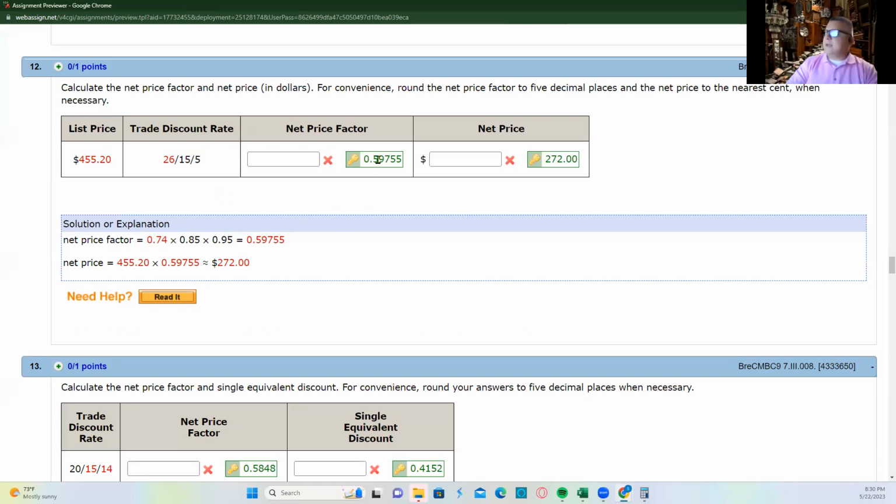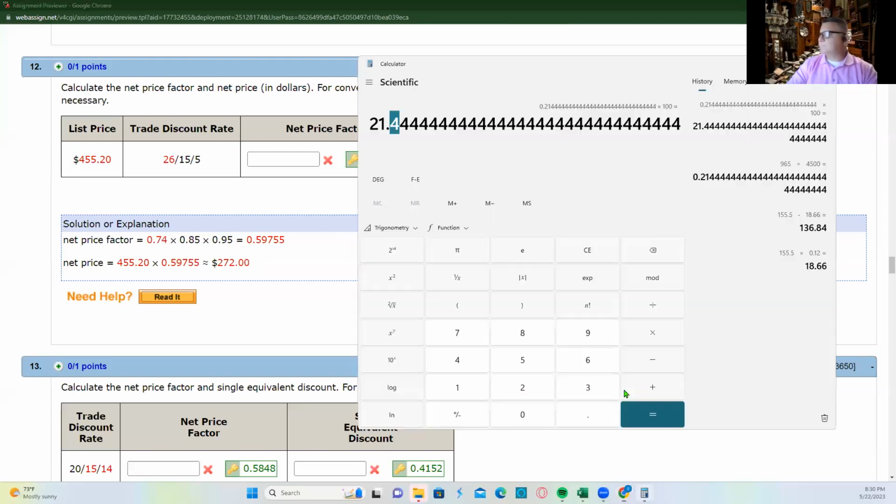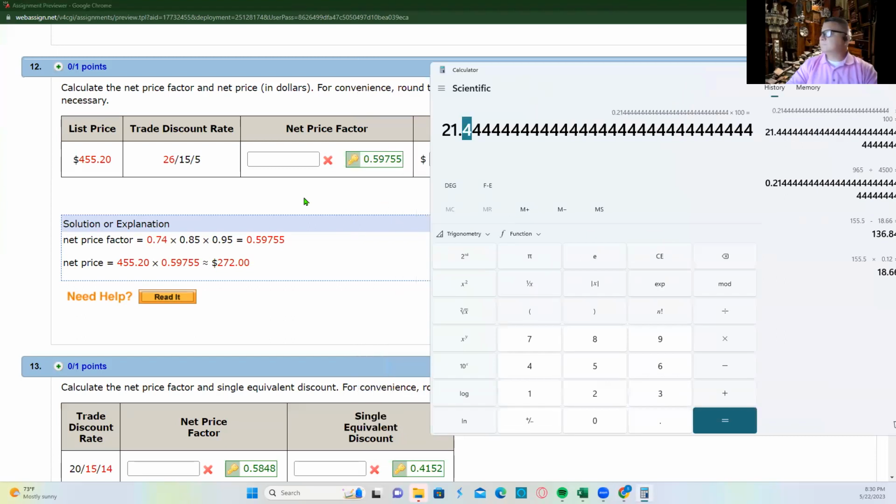So instead of what we would call a 46% discount, this is actually only 40 point something. Let's look at it here. 100 minus 59.755.